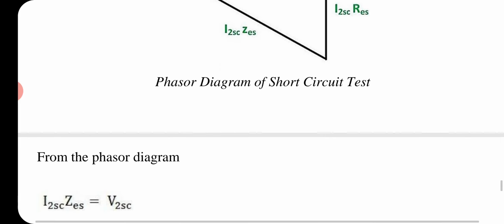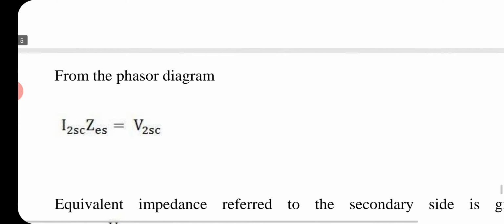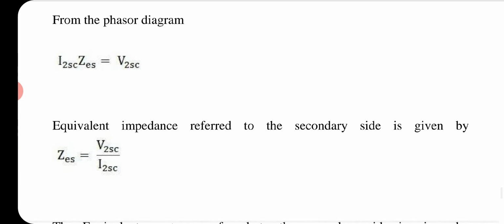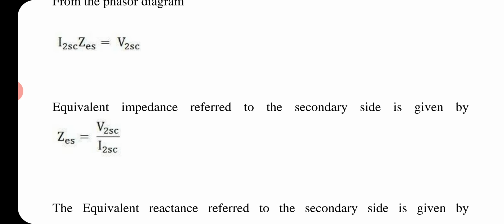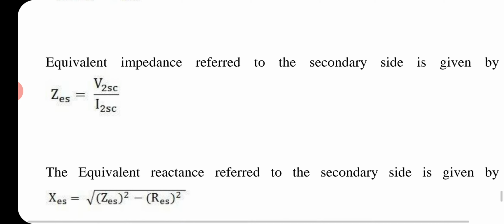With the help of this phasor diagram, we can write V2SC equals I2SC times ZES, where ZES is the equivalent impedance referred to the secondary side of the transformer, and it can be given as ZES equals V2SC upon I2SC.